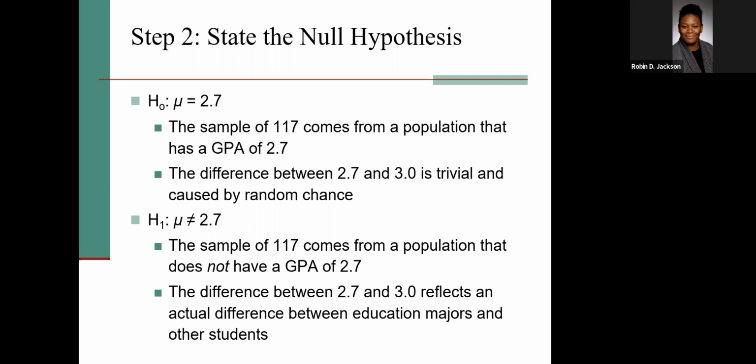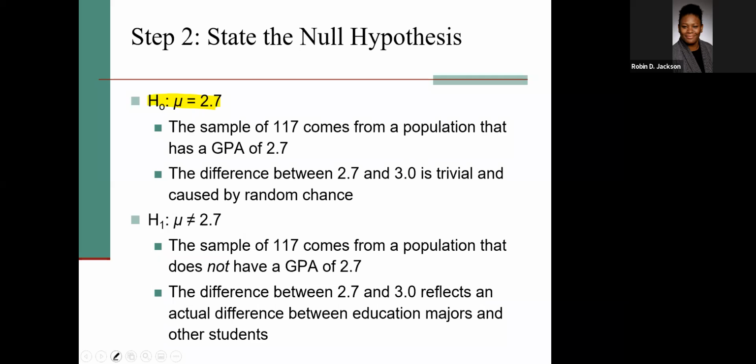But the research hypothesis also has to be stated at this point. Your null hypothesis is the one at the top. Let me highlight that for you. Here's your null hypothesis.